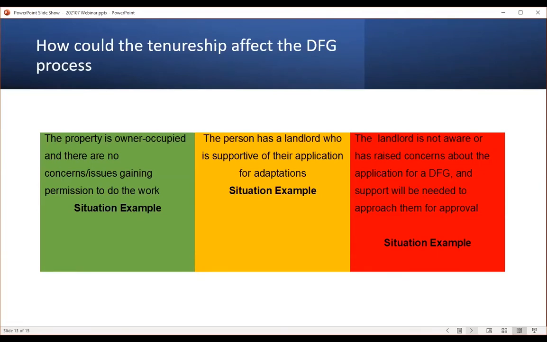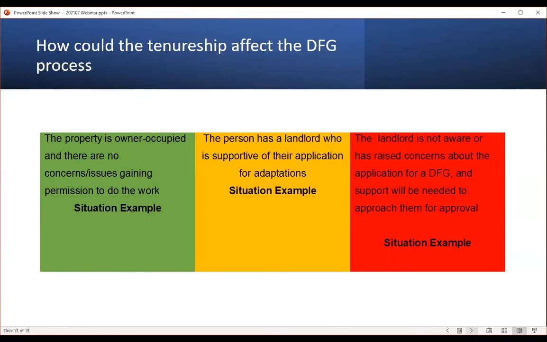And then finally, how could the tenure affect the DFG process? So again, I'm making huge assumptions here, but often what we do know is if somebody is owner occupied, then that tends to be where we have fewer issues around gaining permission and consent to do the work. Obviously, if we've got a landlord, from a case manager point of view, we're probably going to need to do a little bit more work.